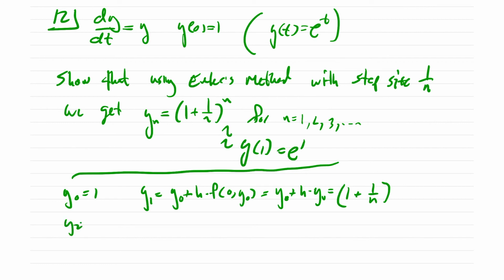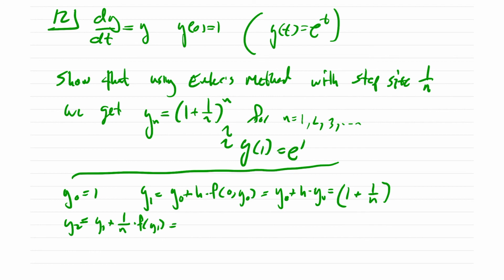If I take a look at y2, then I'm going to have y1 plus h, which is 1 over n, times y1, because that is just what f is, or f of y1.